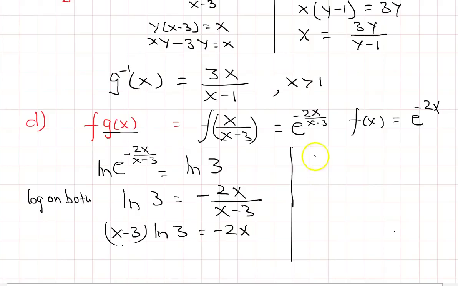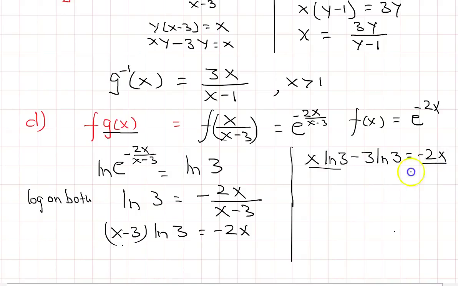So it is x ln 3 minus 3 ln 3 is equal to minus 2x.